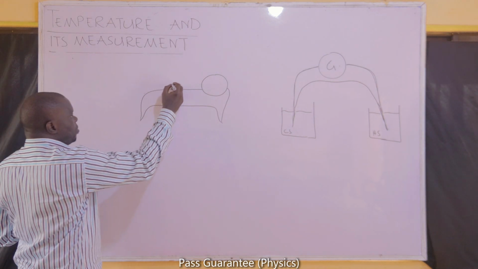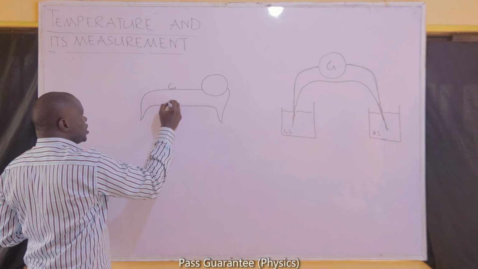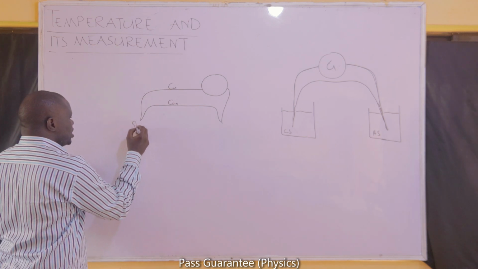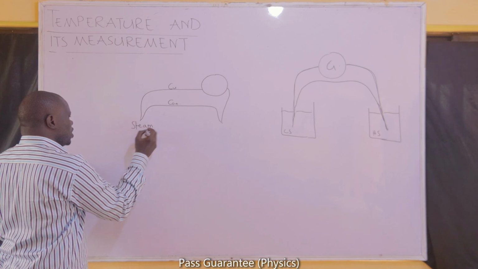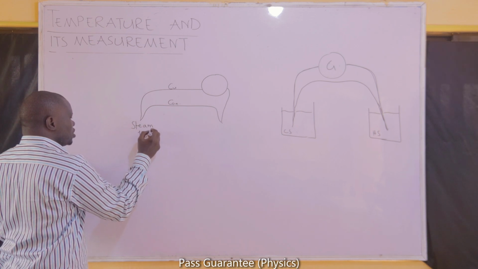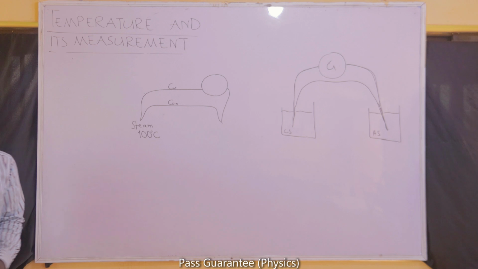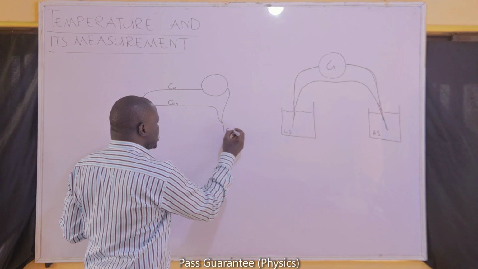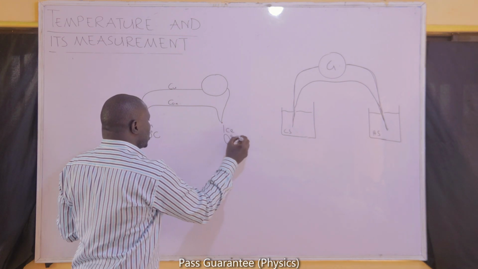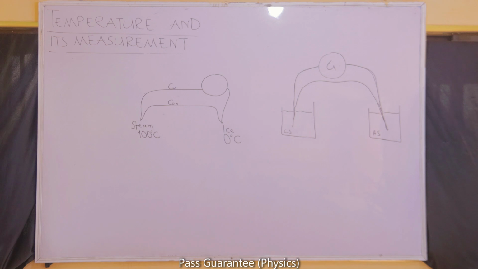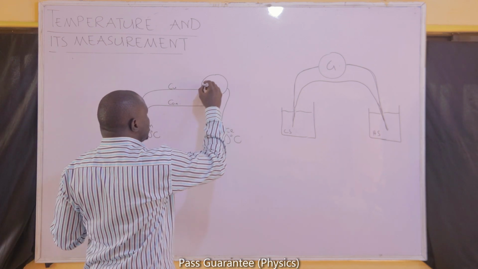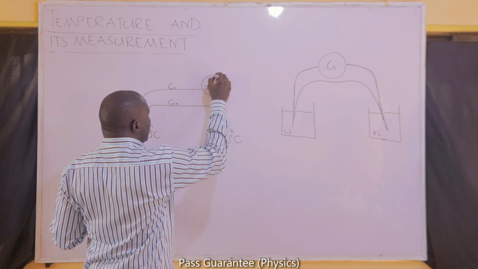This is said to be copper, while this is said to be Constantan. This end is immersed inside steam that is at 100 degrees Celsius, while the other end is immersed inside ice at 0 degrees Celsius. We have at that point a reading of 4. There's 0, there's 4, there's 10.